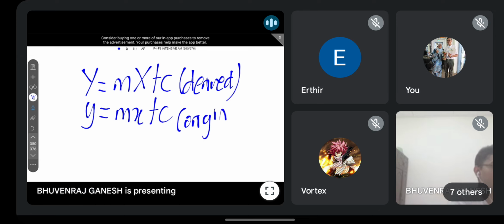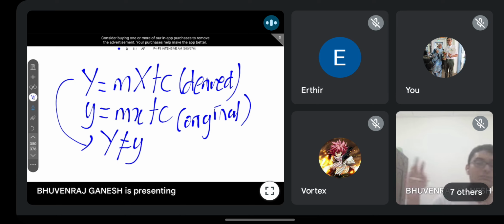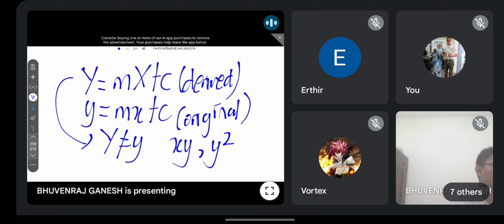Yeah, correct. Basically, what they are trying to tell you is, your capital Y is not the small y. Y is not equal to the small y. It means Y can be anything else. Nilai Y tu boleh jadi mungkin paksi Y is XY, maybe, or maybe it can be y square, your Y axis, something like that. Same goes to your X also.